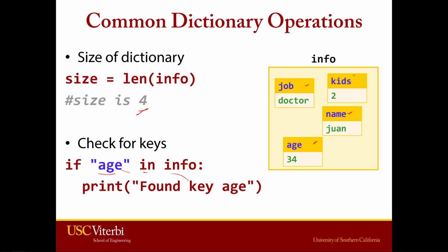Now, this brings up another good point, which is, what if you wanted to find out if a value was in the dictionary? How would you check that? What do you think? Well, unfortunately, there is no easy way to do this. One of the advantages of dictionaries is that it is very, very fast if you know the key to retrieve the value.